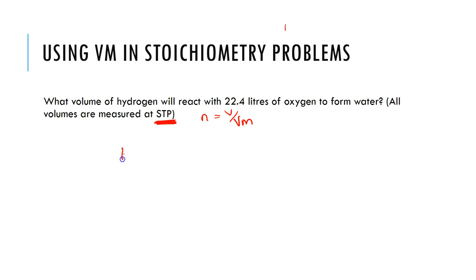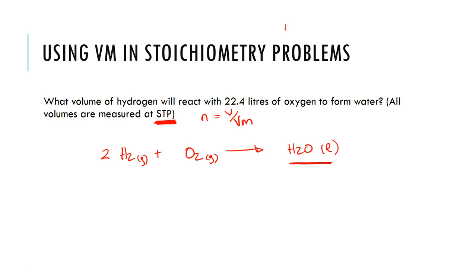We need to work out what the equation is first. So we've been told we've got hydrogen gas plus oxygen gas going to H2O, and this will be a liquid, so we're going to ignore it, we can't do anything with this in terms of using our gas laws. We would need to use probably our mass laws in order to do that. But these are gases. We know we're at STP. I do need to balance my equation, so I can see here I need 2 of these.